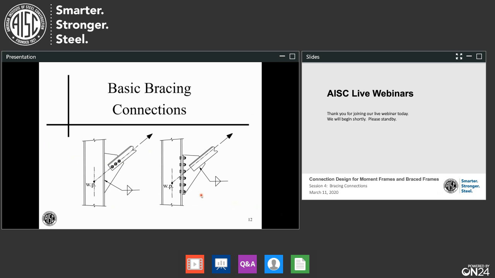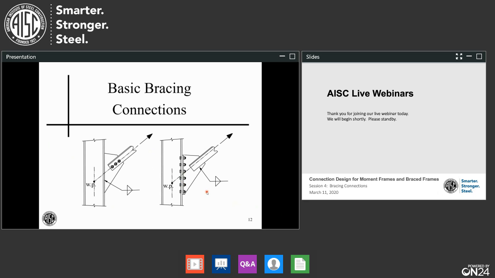On the right, we see a little bit more of an unusual connection. In this one, the way it's shown, we have this T, and this can be a built-up T or a T cut from a WT or a W shape. And the stem of that T is shop welded to the brace, and then this flange of the T gets bolted to the column, or it could be a beam if this picture turns 90 degrees.